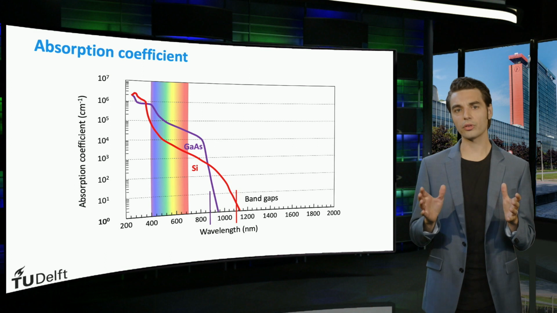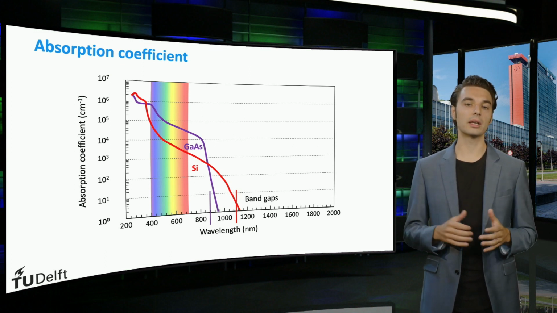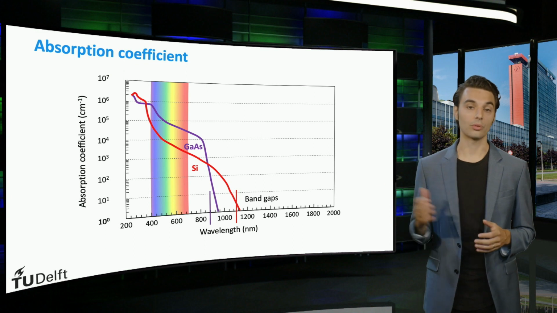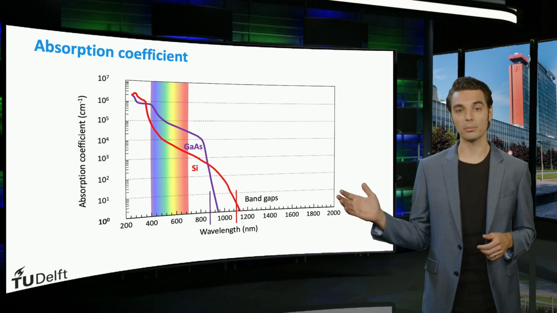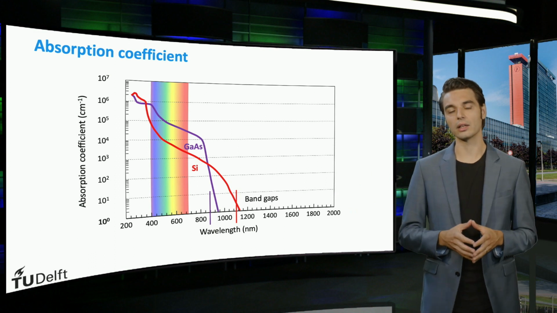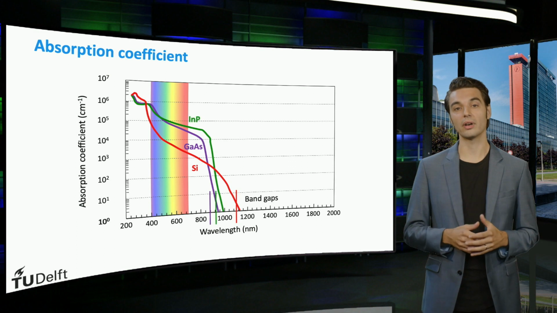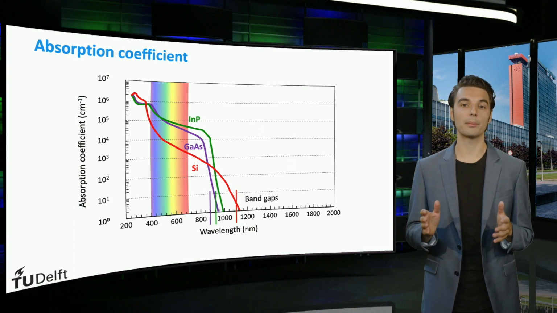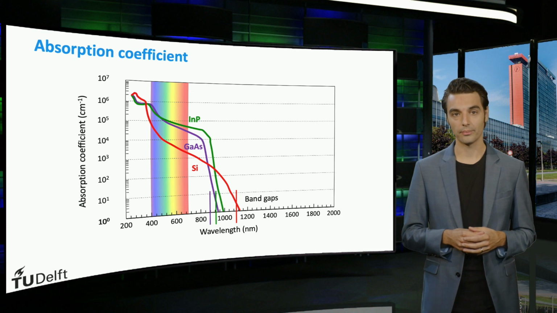The visible part of the spectrum, where the solar irradiance is the most powerful, is indicated by the colored region. As we can see, the absorption coefficient of gallium arsenide in the visible spectrum is significantly higher than that of silicon. The same is true for indium phosphide, which has a direct bandgap corresponding to a wavelength of 925 nanometers.